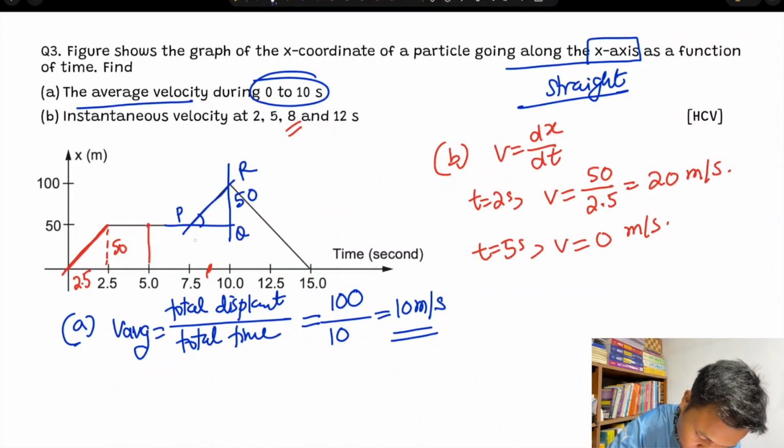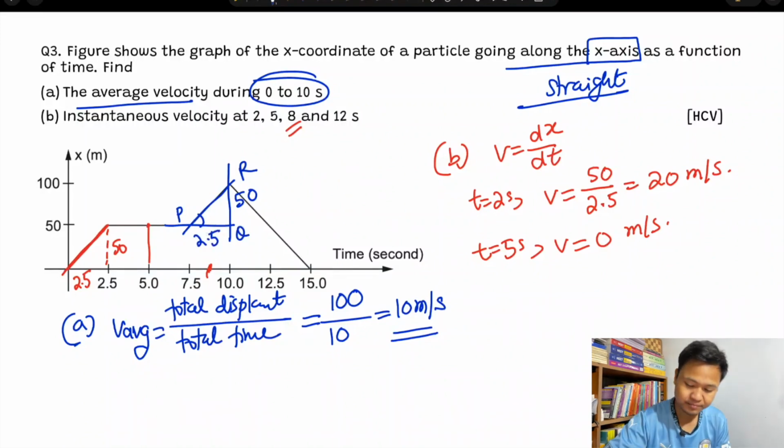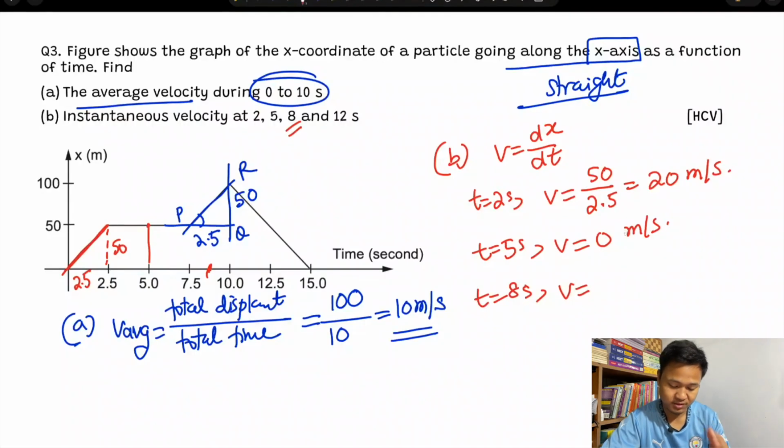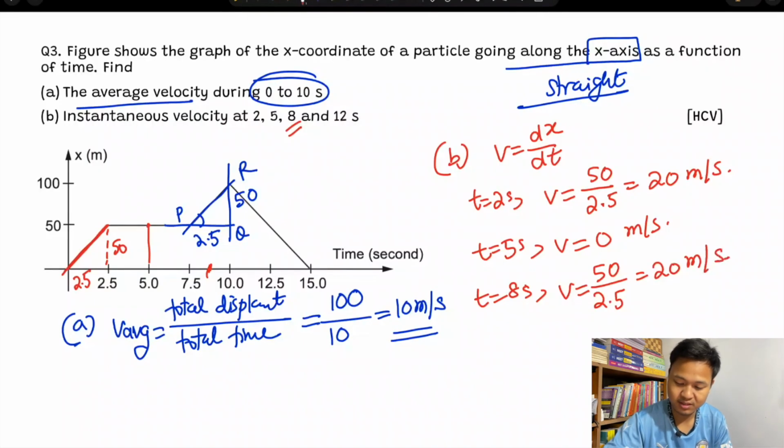Okay, 2.5. So at t equals 8 seconds, v is the slope of the line, so QR divided by PQ, QR is 50, PQ is 2.5. So same thing, 20 meter per second.